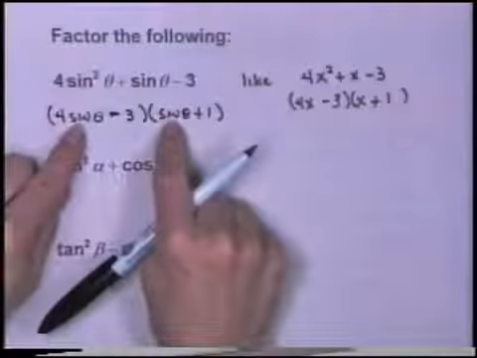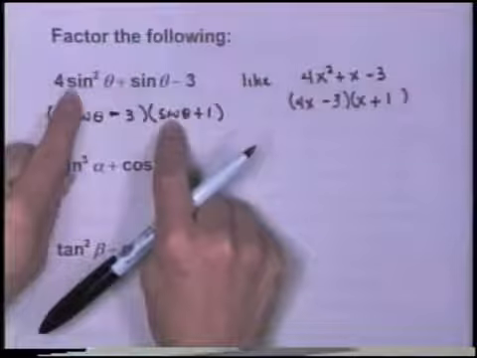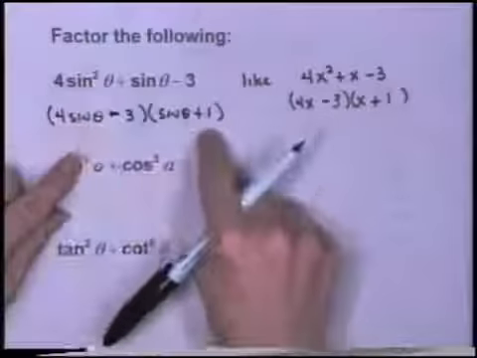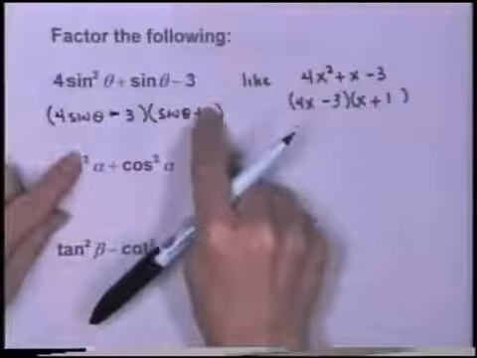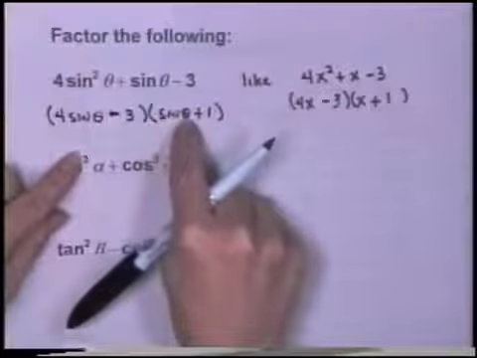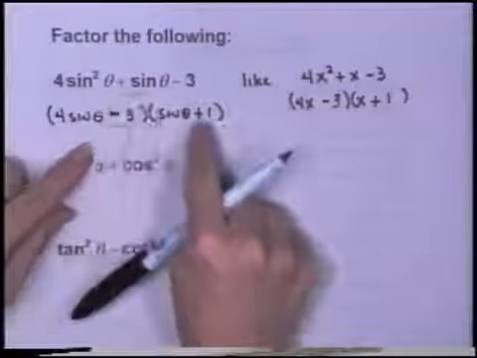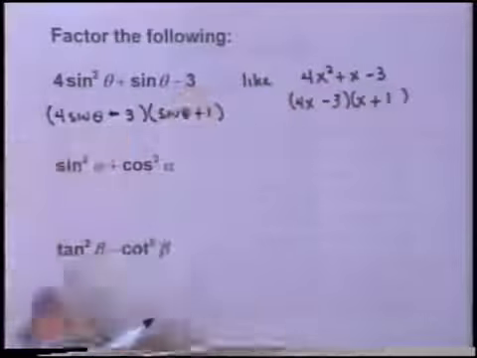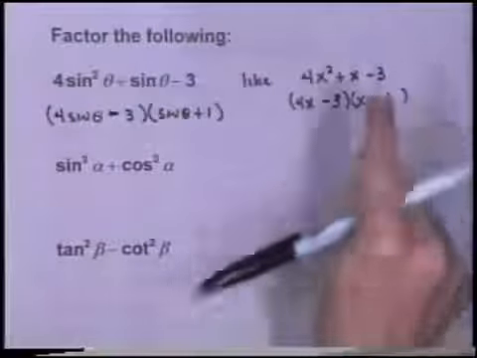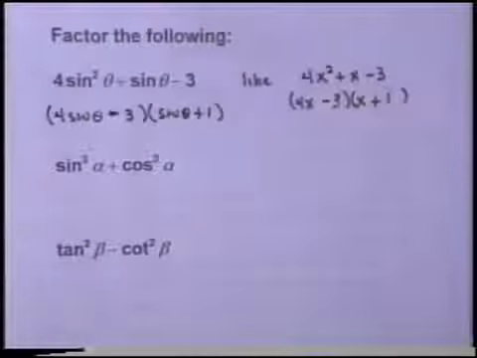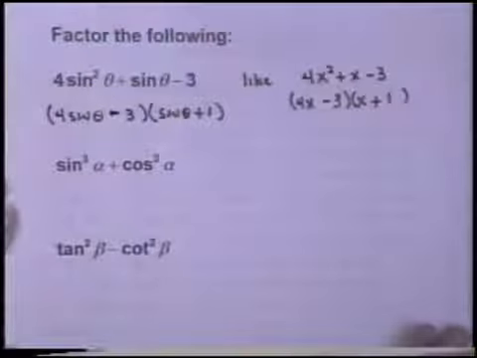If I multiply 4 sine theta times sine theta, I get 4 sine squared theta. Notice my outside product is a positive 4 sine theta. Inside minus 3 sine theta, that gives me 1 sine theta, and then minus 3. So this again is just like the algebra problem, except our trig function has taken the place of that variable.